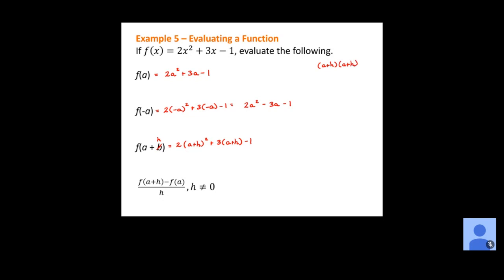So when we do that now, we're going to have to use FOIL. So we'll do our first terms, a times a is going to give us an a squared. Outer terms, a times h is plus ah. Inner terms, h times a, same thing, ah. And then our last terms, h times h, would give us an h squared. And now we have like terms in the middle, ah plus ah.